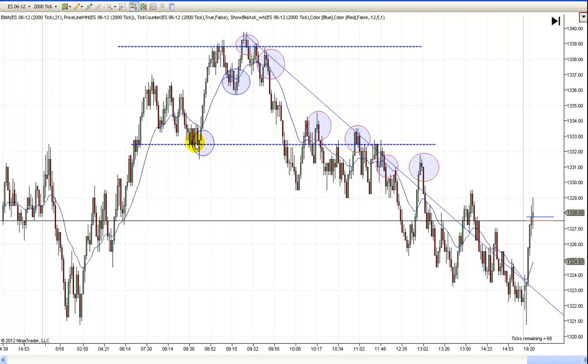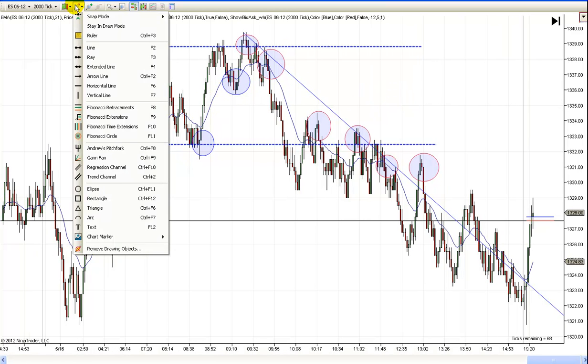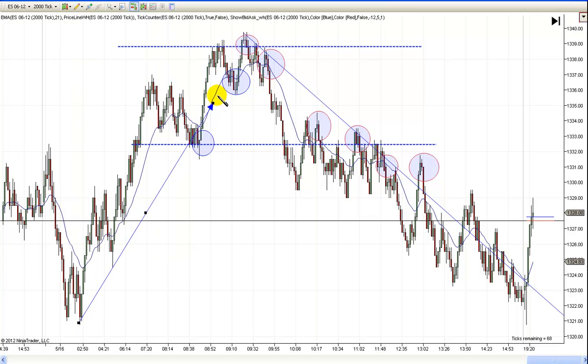But we started out with this uptrend, and I forgot to put this on here. But you can see we had this trend line right up through here. We had the break right around 8:30 or so, and this was a great setup.